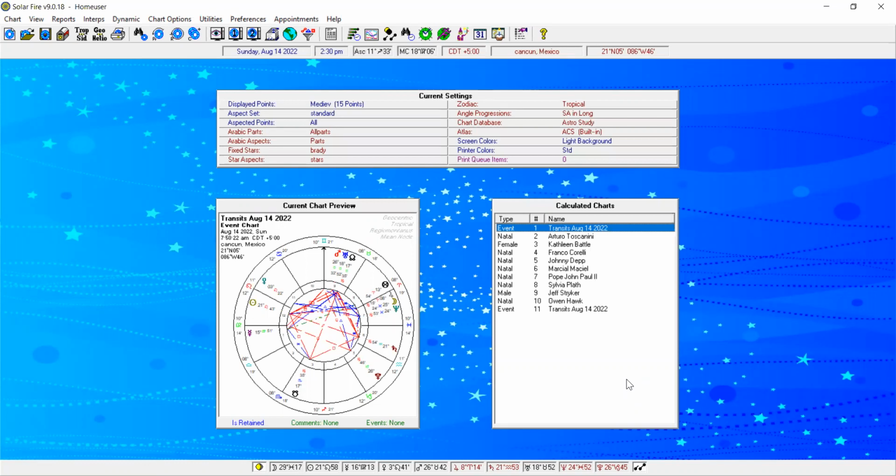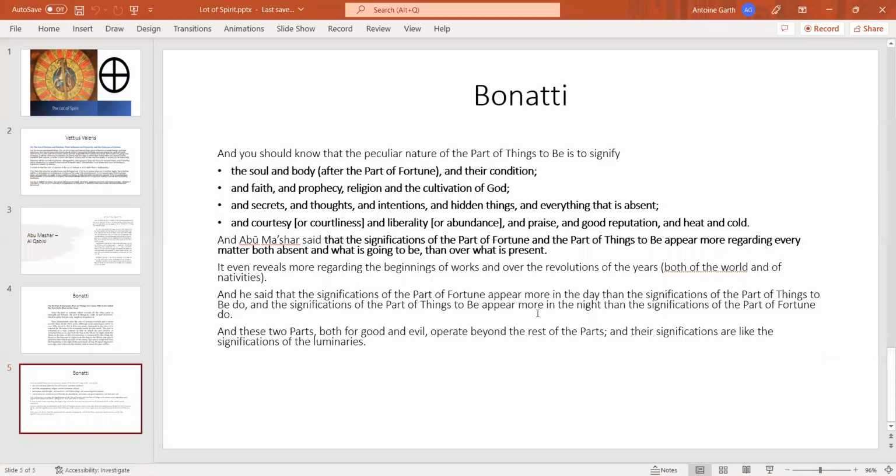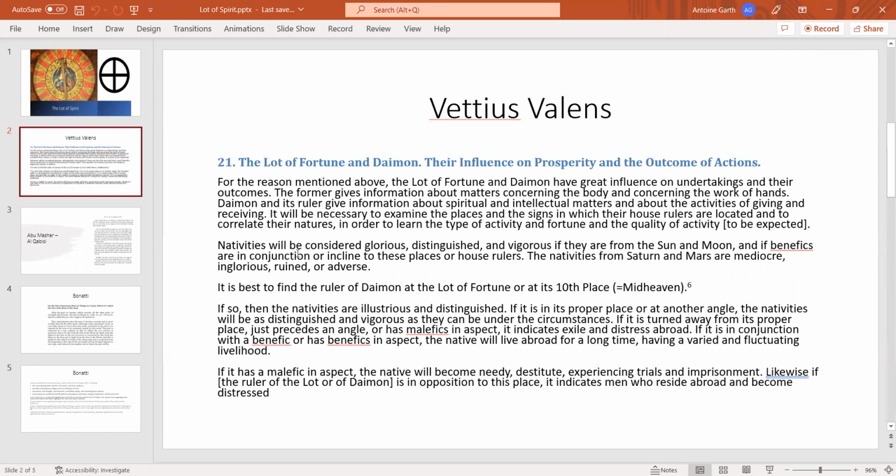Let me go back to the slides for a second. What I'm trying to figure out is why does it contribute to this courtesy and liberality and abundance and praise, and to glorious, distinguished, and vigorous. Now, vigorous is an interesting term.